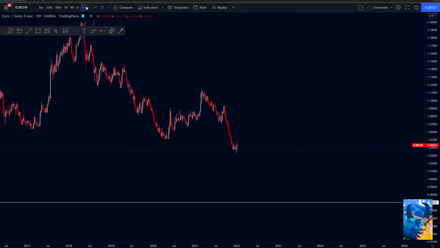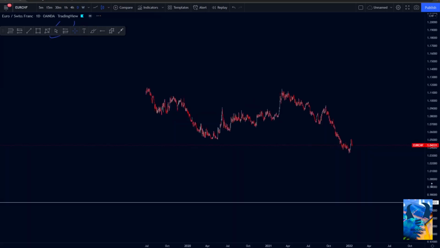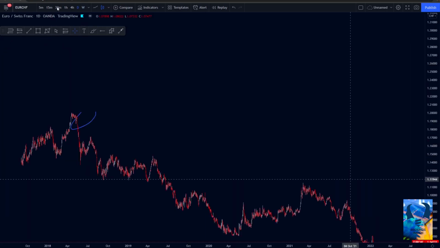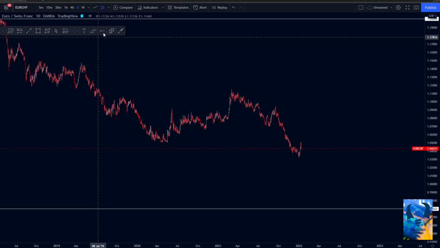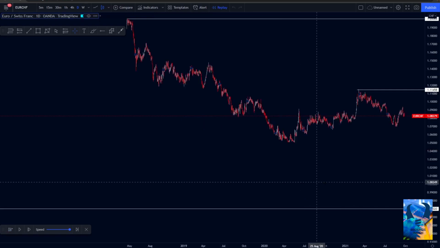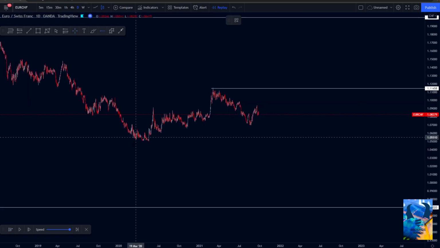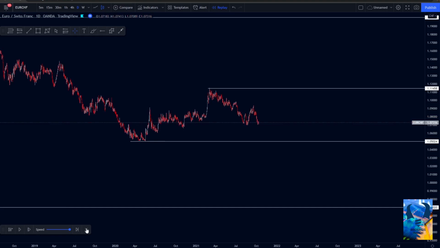So in the daily time frame, obviously we mark up our key significant levels, which is our highest high, and we have to mark our previous swing high. Previously we had price being around this area. We would have marked this level here as our lowest low, but price has violated that level, indicating obviously a bearish sentiment. Price is creating a series of lower lows and lower highs as it keeps on falling towards the downside.